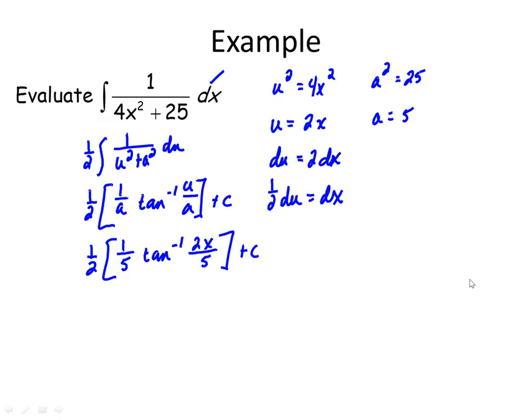So what are you going to multiply that 1/2 by? 1/5 only, and that's it. So you're going to have 1/10 tangent inverse of 2x over 5.